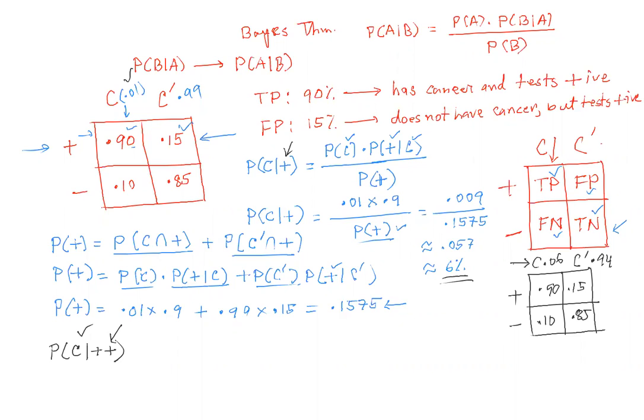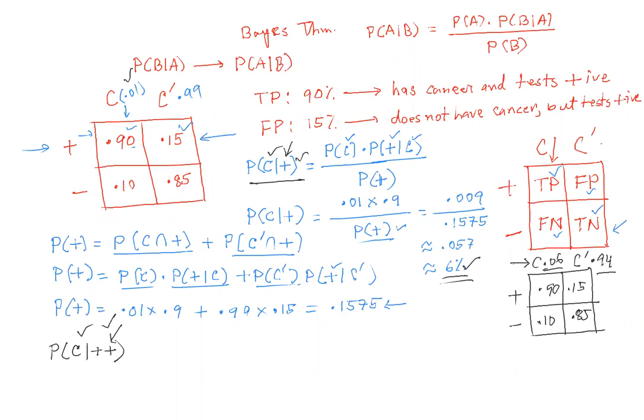Is this clear? Why probability of having cancer is 6% versus 1%? 1% is in the general population, but when we are testing for the second time, we are not considering the general population anymore. We are considering the population that has already tested positive. And in that population, what are the chances of having cancer? Which is 6%. That's why this C is 0.06 and C prime is 0.94.